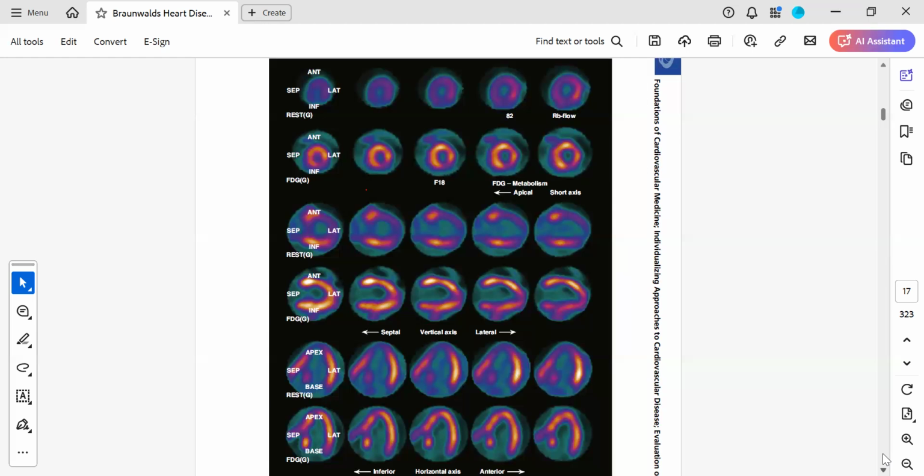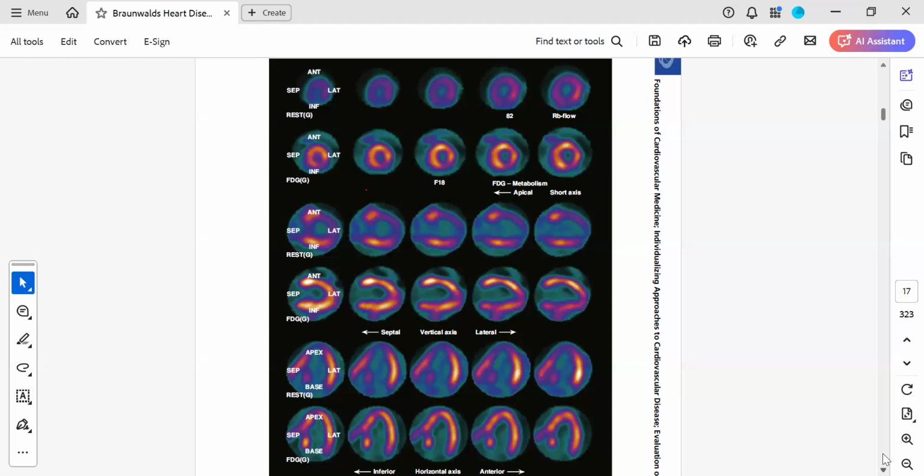Based on the scenario, we know that we have 100% occlusion of the LAD, 100% occlusion of the right coronary artery, and 70% occlusion of the left circumflex. So we have to match the coronary supply of those arteries to the regions we will be matching.